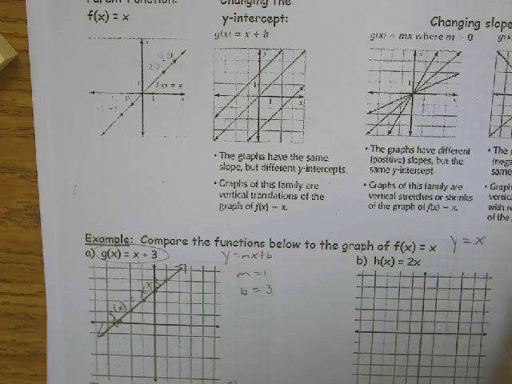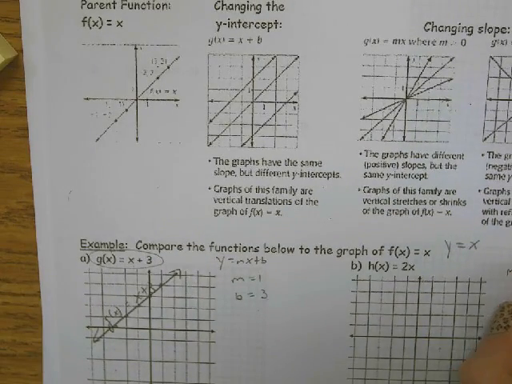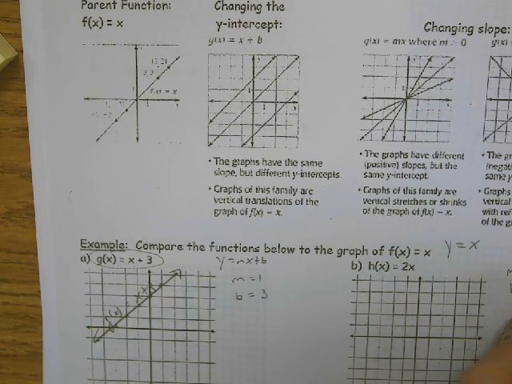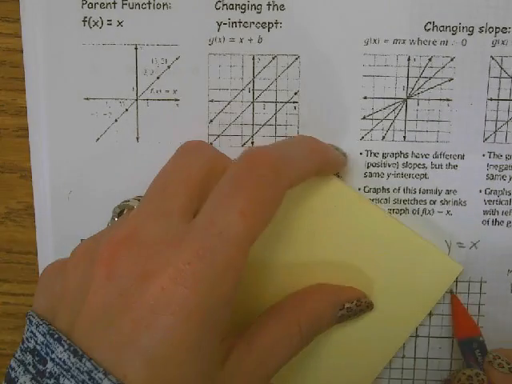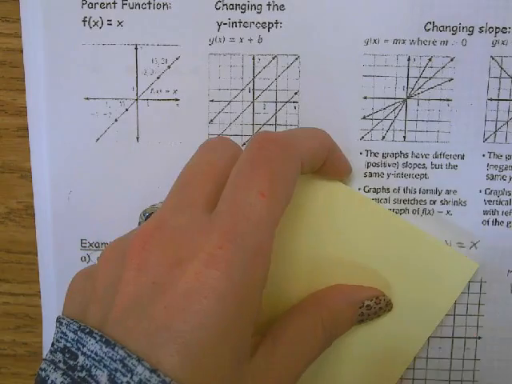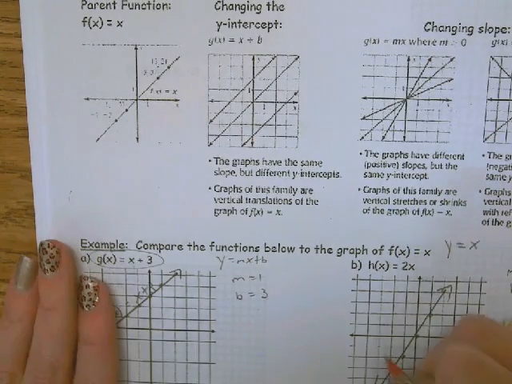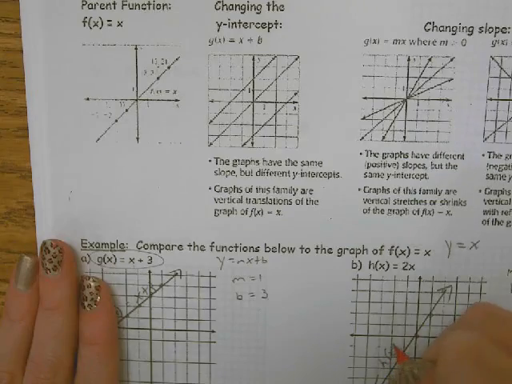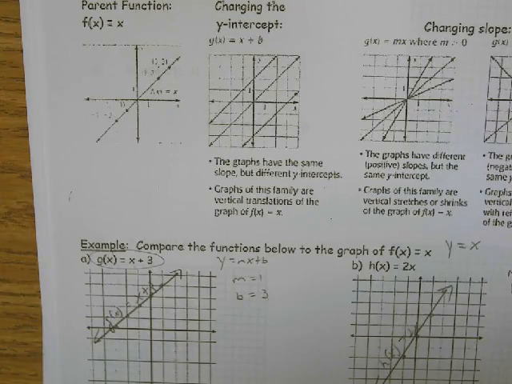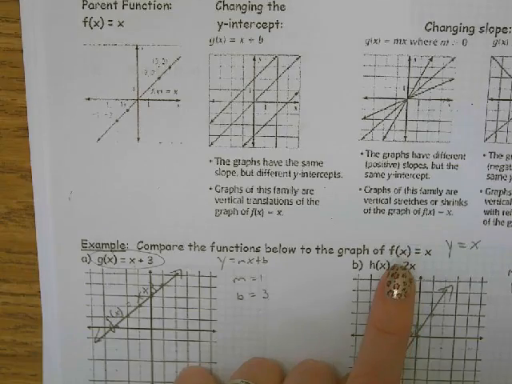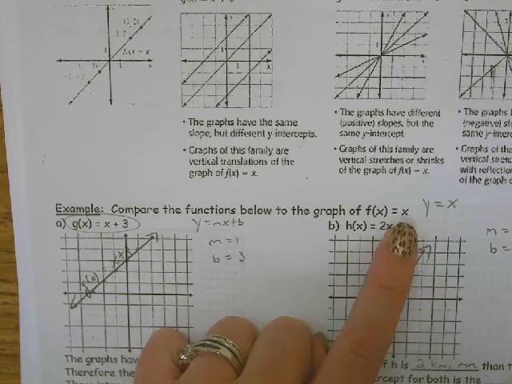So here y equals 2x, my slope would be 2, my y-intercept would be 0. I graph that, and label it h of x equals 2x. So the slope is 2 times more than the slope of the parent function. Our parent function was here. The slope here is 1.